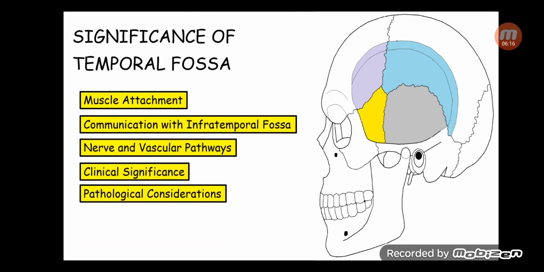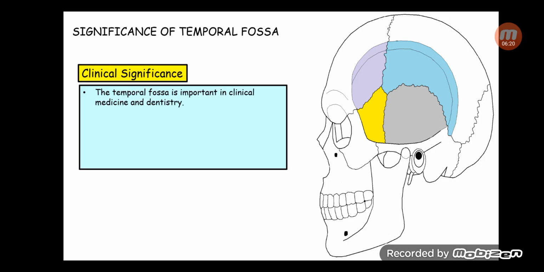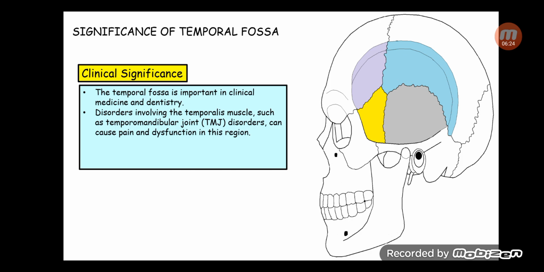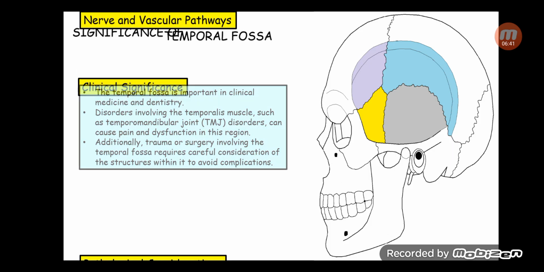The temporal fossa is also important in clinical medicine and dentistry, because disorders involving the temporalis muscle, such as temporomandibular joint disorders, can cause pain and dysfunction in this area. Additionally, trauma or surgery involving the temporal fossa requires careful consideration of the structures within it to avoid complications.